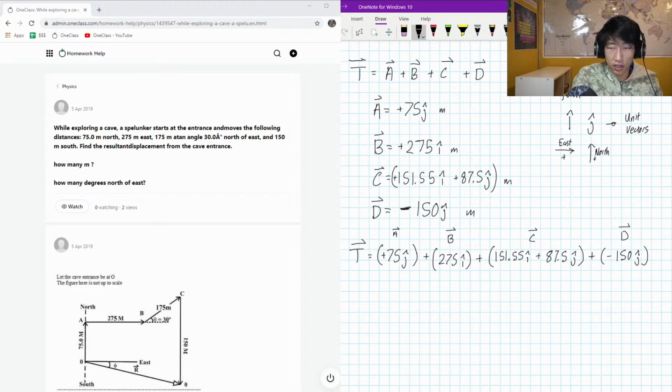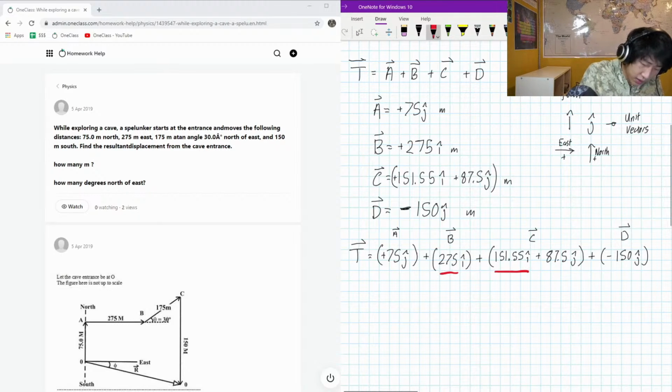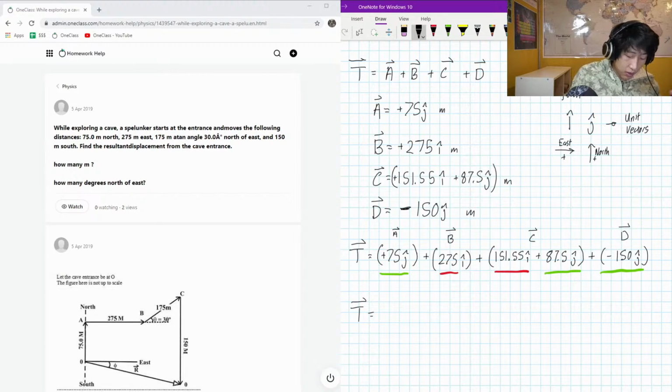Okay, so essentially, to do this math, if you're not already familiar with it, we're going to try to combine all of our terms that are I and all of our terms that are J. Underlined in red are our I terms, and underlined in green are the J terms. So the I component of T is going to be the red terms together: 275 plus 151.55.